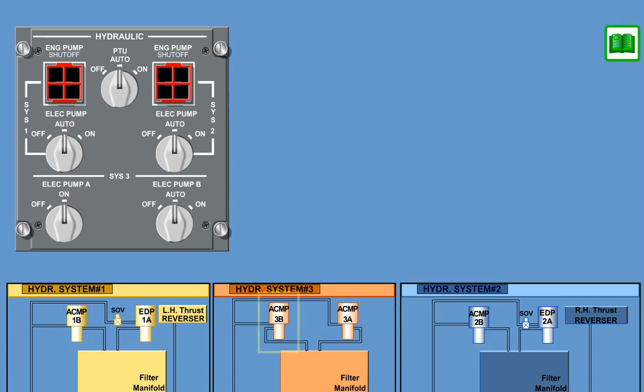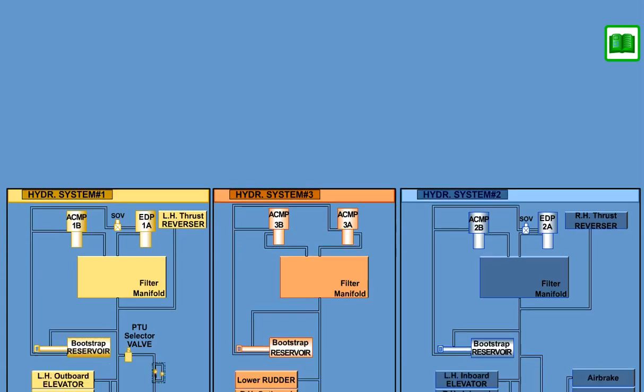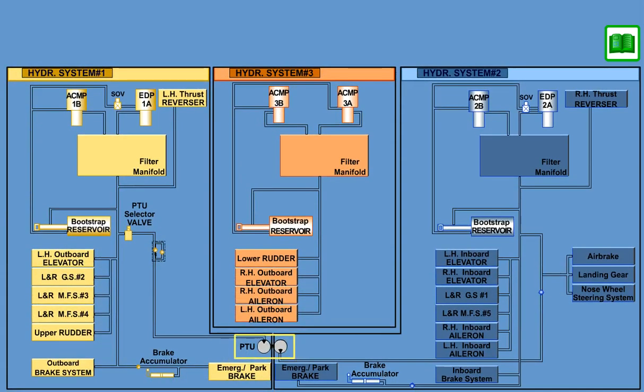ACMP 3B will be turned on if ACMP 3A is not operational. ACMPs will not come on if speed is below 50 knots regardless of flap position. The PTU will start to operate if EDP 2A fails during takeoff or landing.